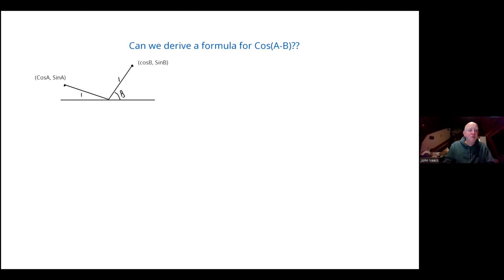The points at the end of these lines. And therefore, this angle here is angle A. Therefore, the angle between these two lines has a measurement of A minus B, right? So that angle from one line to the other is A minus B.